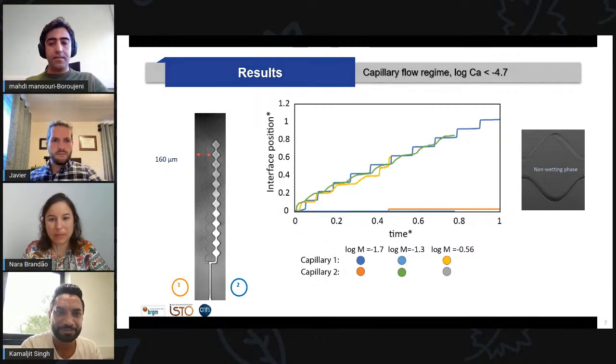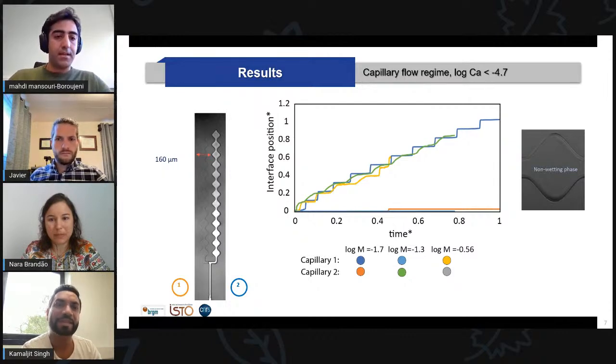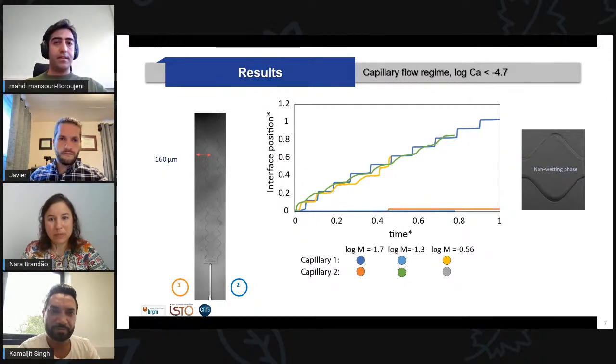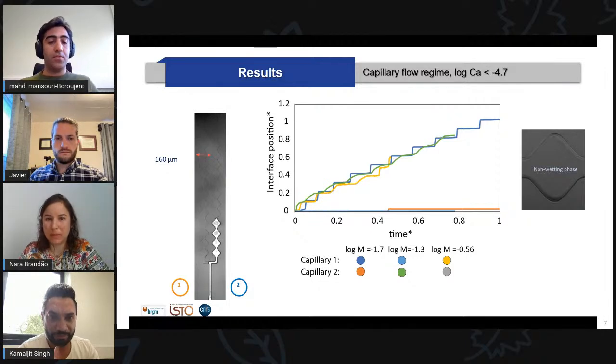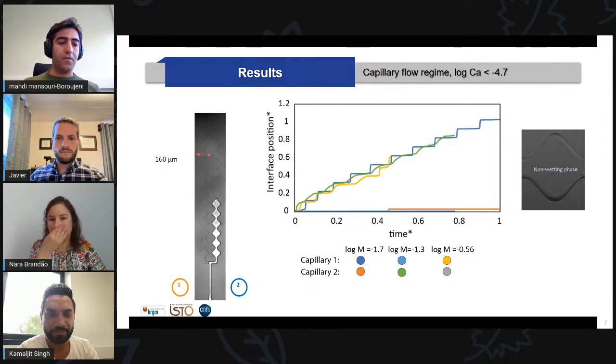Okay, yeah, because we chose different fluid pairs here. We have different methods to change the PDMS toward completely wetting or completely non-wetting. When we were using silicone oil as the wetting phase, we used some silane to coat the capillaries.